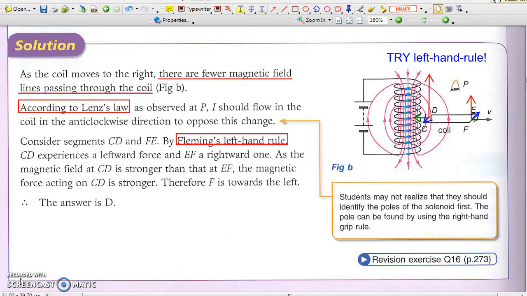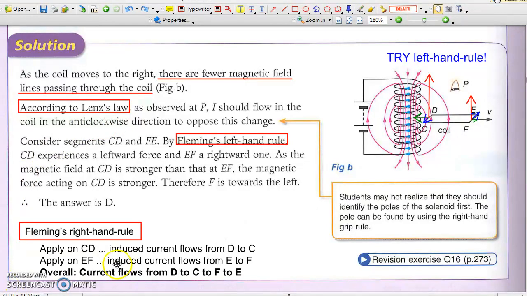Similarly, you may also use Fleming's right-hand rule instead of Lenz's law in order to find the induced current direction. However, you will see when you apply that on CD, current flows from D to C. When you apply that on EF, induced current flows from E to F, and they are contradictory again.